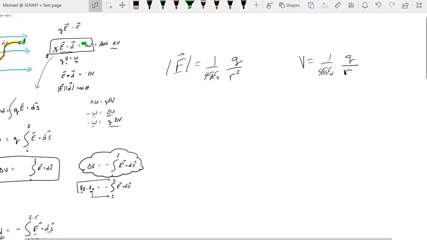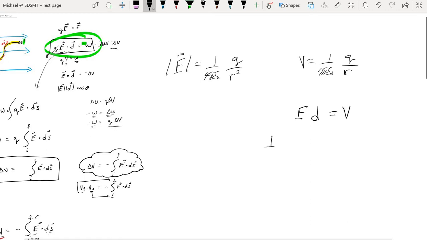And how does this relate back to the original expression that we had right here? We said if we have the electric field and we know how far we're going to go, does that give us the electric potential?